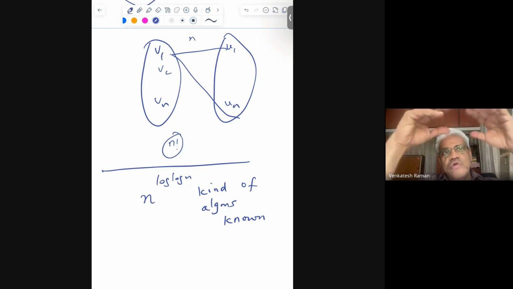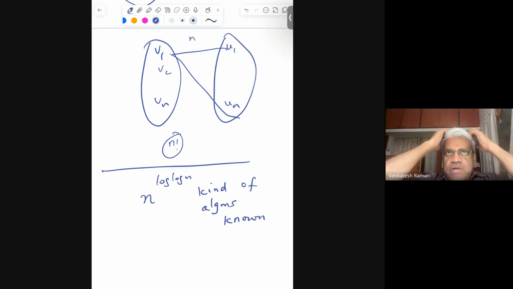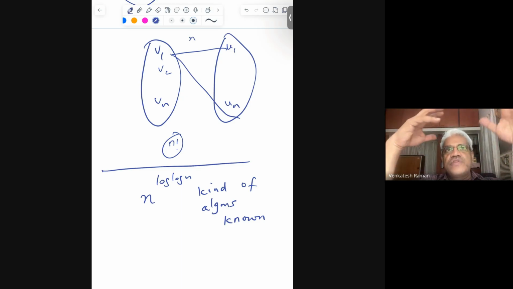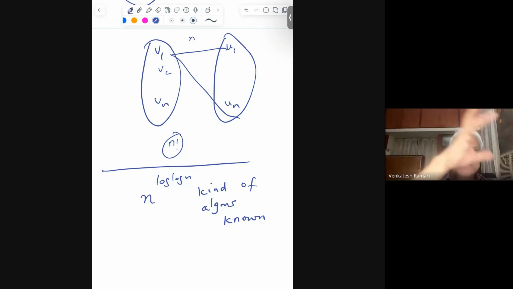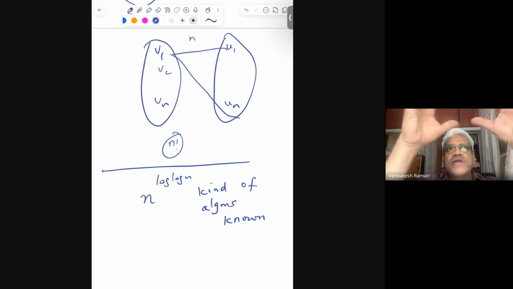All I want you to know is which data structure is used for what. What are the pros and cons of the data structure? So what can you do in a heap which you cannot do in an AVL tree? What can you do in an AVL tree which you cannot do in a heap? So when do you apply balanced binary search trees? For what kind of operations?